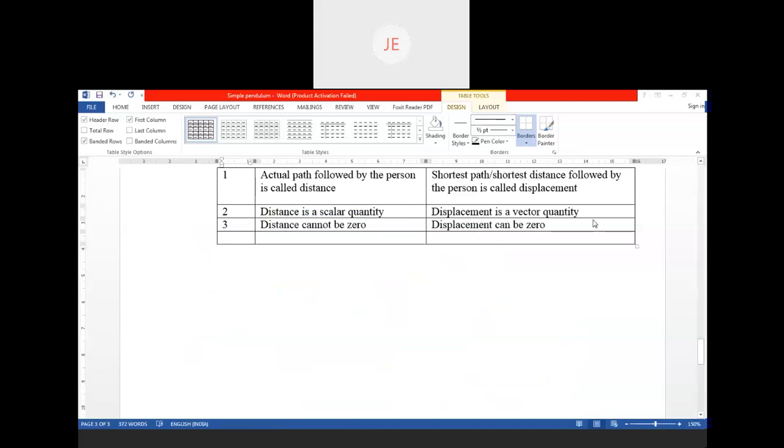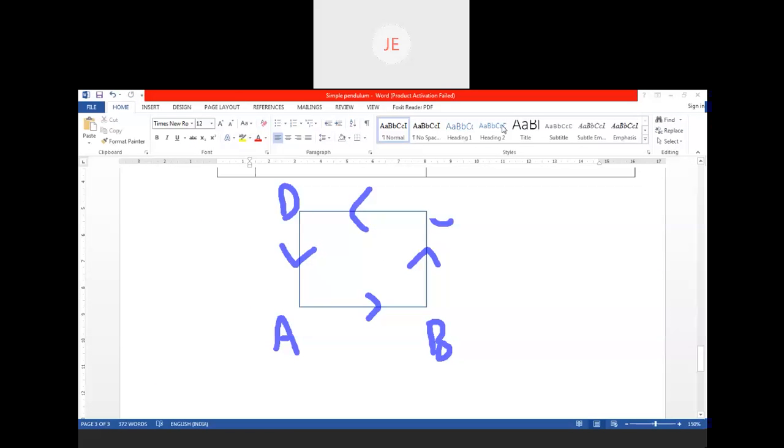And the third difference: distance cannot be zero, displacement can be zero. Okay. So now let us try to understand how it can be. Let us understand with this example.